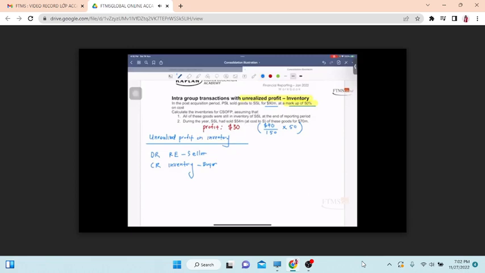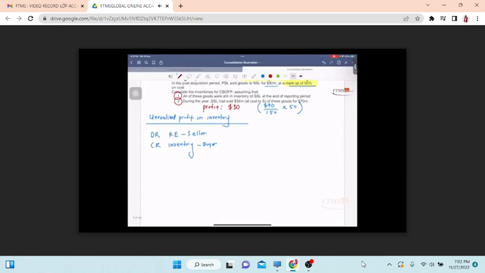Now, I have two situations here. The first situation is all the goods are still in inventory. The second scenario, during the year S sold 54 of the 90. So two different scenarios.